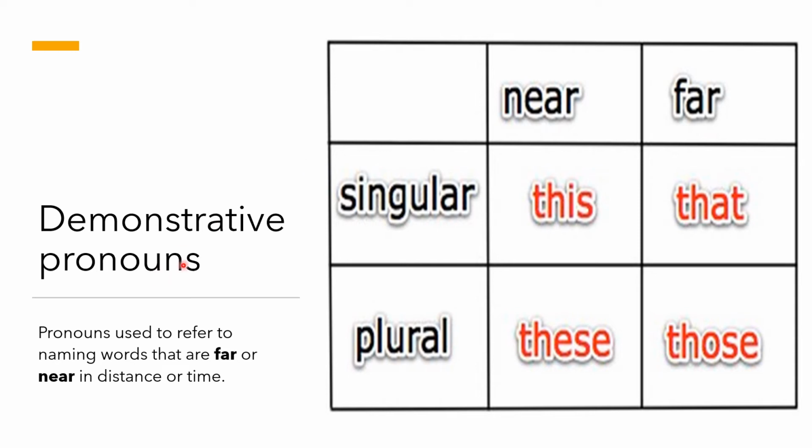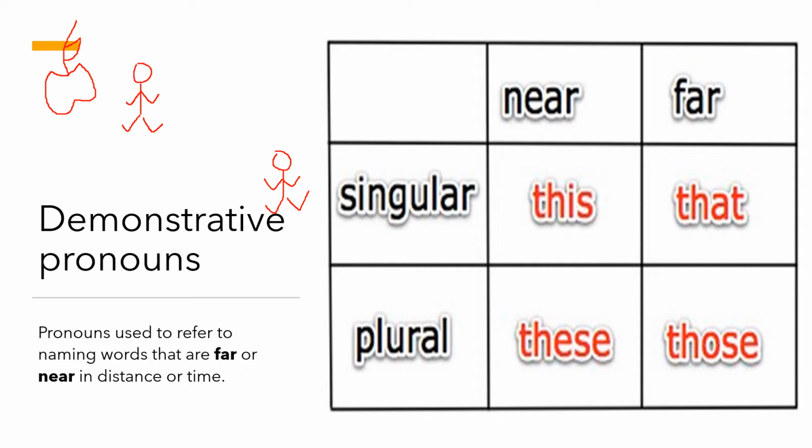If I talk about the word demonstrative pronouns, they are used to refer to naming words that are far or near in distance or time. For example, if I talk about an apple. Now this boy over here, if he has to talk about this apple, he will say, this is an apple.